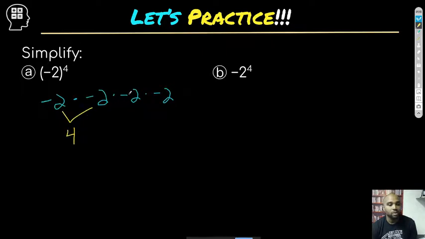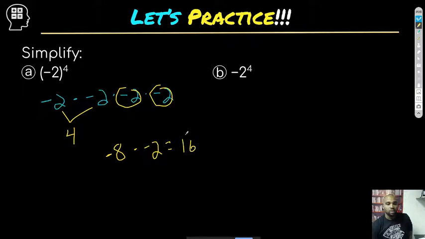And then 4 times a negative 2. 4 times a negative 2 is going to give me, well, that's opposite signs. 4 times this negative 2 is going to give me negative 8. And now negative 8 times this negative 2, that's a negative and negative. They're the same sign, so I know I'm going to get a positive answer. Negative 8 times negative 2 is going to equal a positive 16.